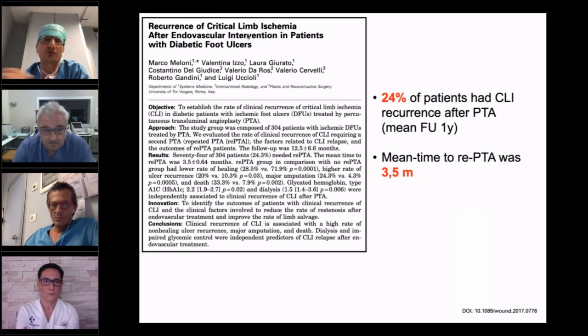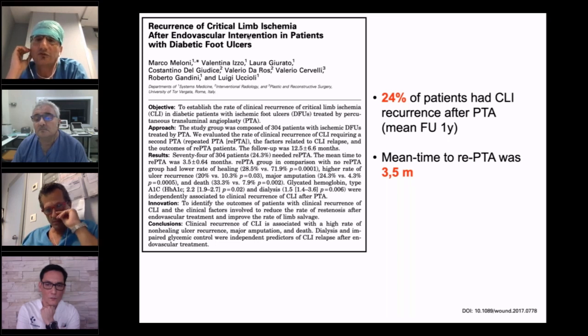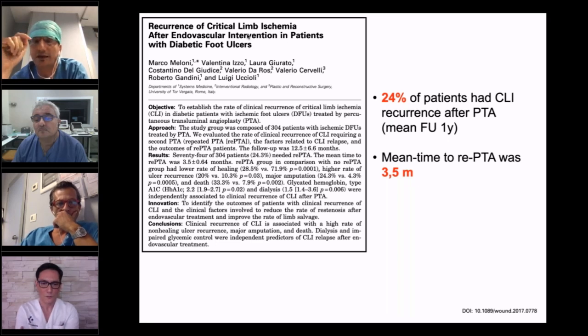But on the other hand, we have also data like this coming always from the Luigi Cioli and Tor Vergata University group that shows us how almost 24% of patients in this casuistic had a recurrence of critical limb ischemia after PTA within a follow-up of 1 year, and they needed a secondary PTA, and the mean time between the first and the second PTA was in this casuistic 3.5 months.